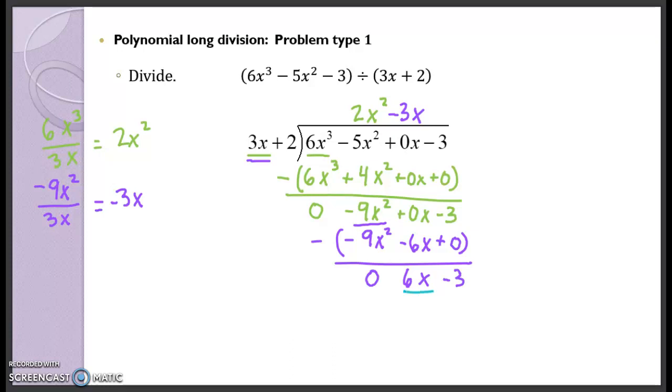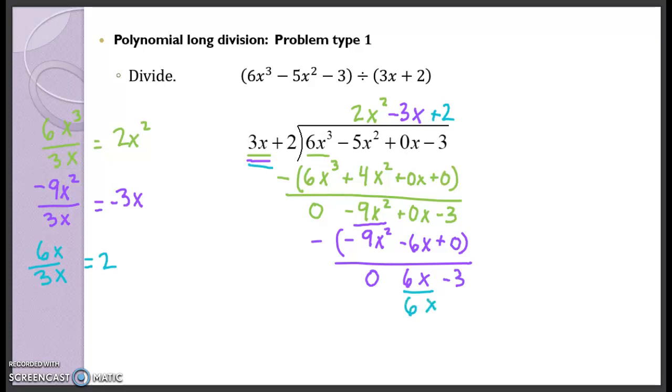Because 3x times what equals 6x? Well, that is equal to 2. So we're going to add 2. And we get 2 times 3x is 6x.